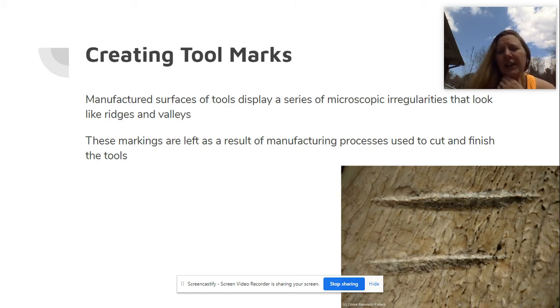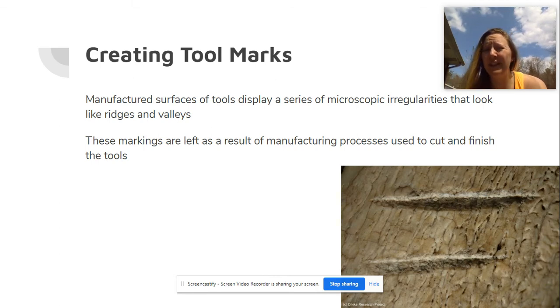When you're recreating tool marks, you want to pay attention to the type of surface that it has been created on. Manufactured surfaces of tools display a series of microscopic irregularities that look like ridges and valleys, similar to those that we talked about with fingerprints, except these are created in the manufacturing process.